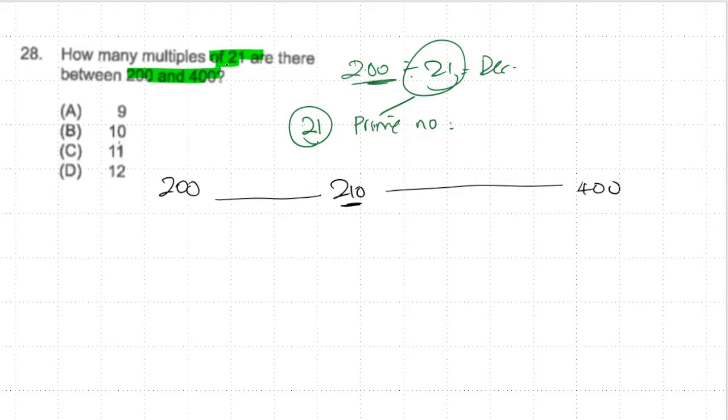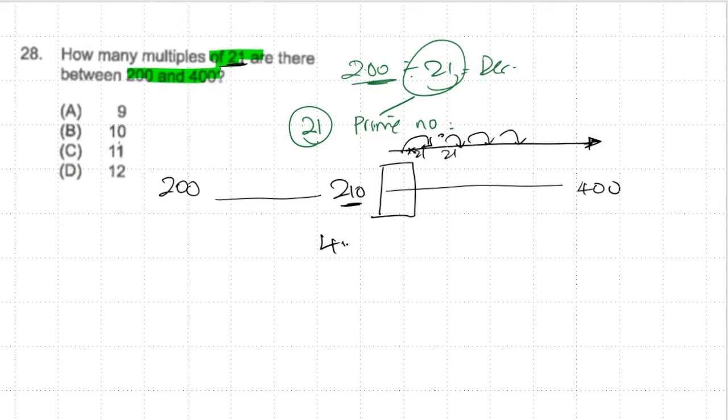So it's asking you how many multiples of 21. So I want to know from this second number onwards, how many multiples are there until 400? Remember, we can use that thing whereby here can be divided by 21, here can be divided by 21. Okay, how many of these?